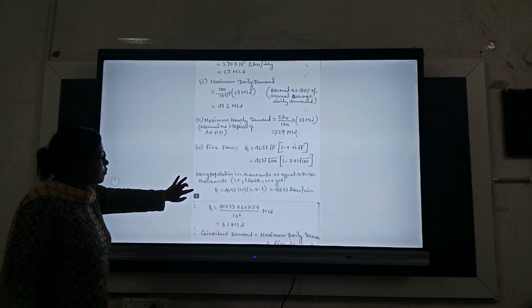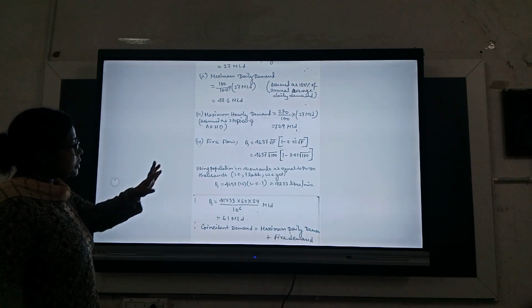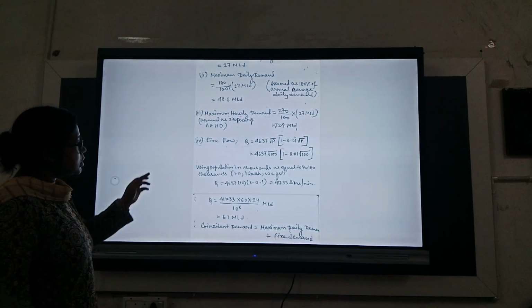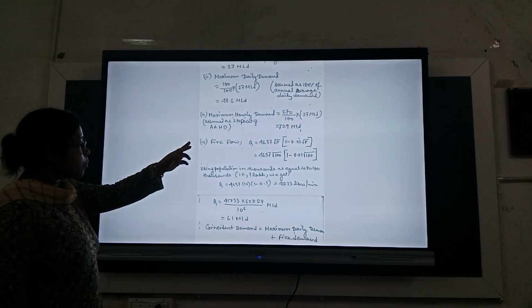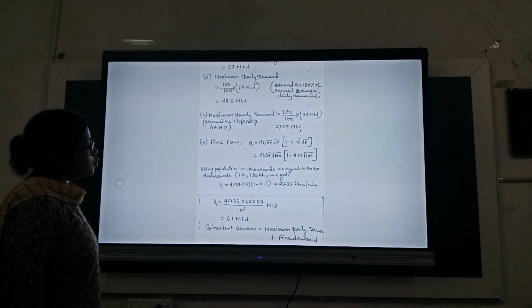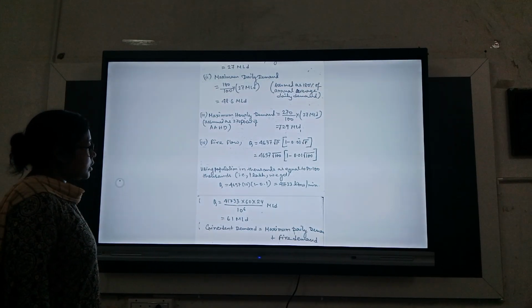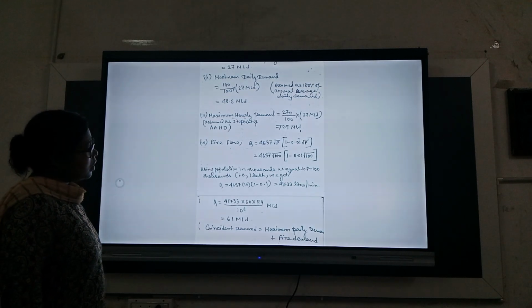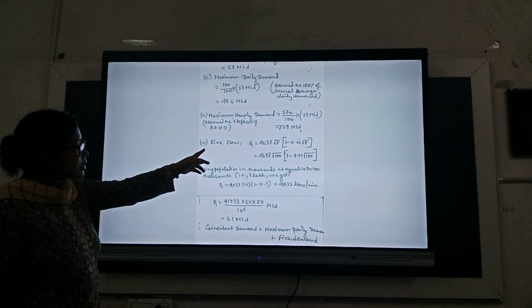Fire flow or fire demand. An equation is given for this fire flow, that is Q equal to 467 root P into 1 minus 0.01 root P. P here is the population, and we are taking the population in thousands. So we are putting the value of P, that is population, here as 100.